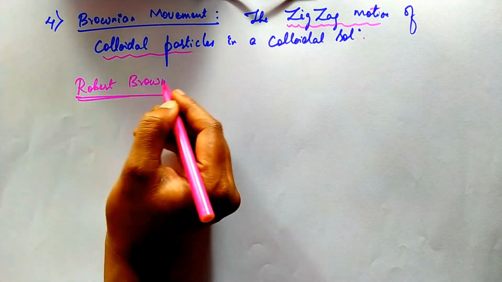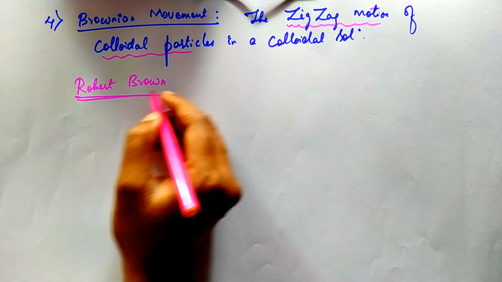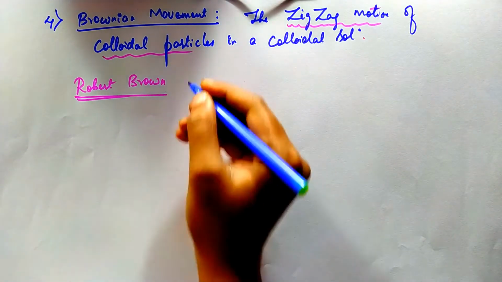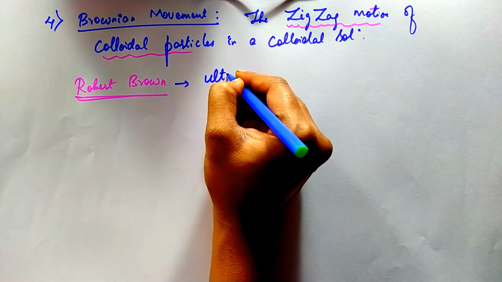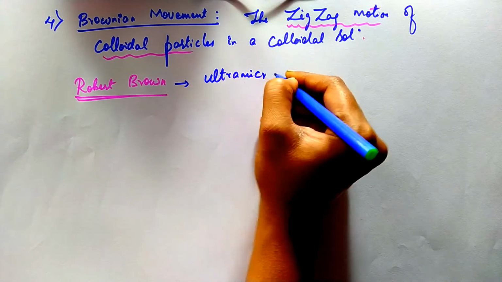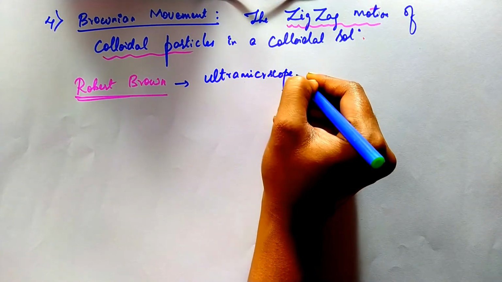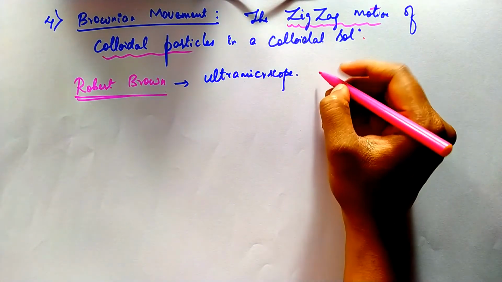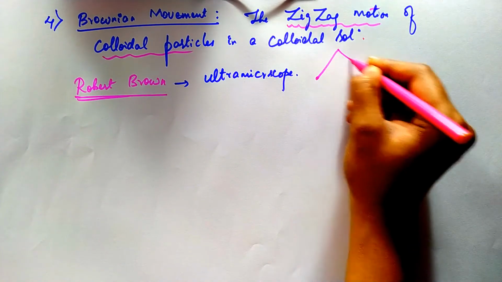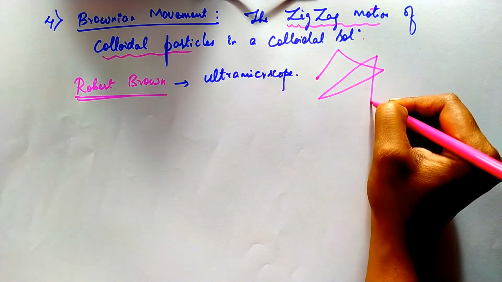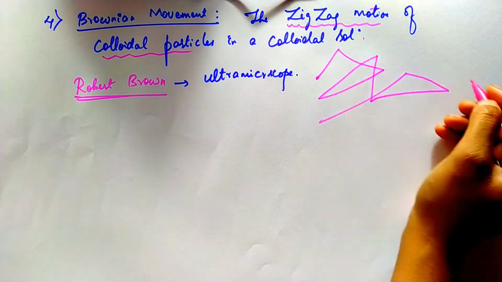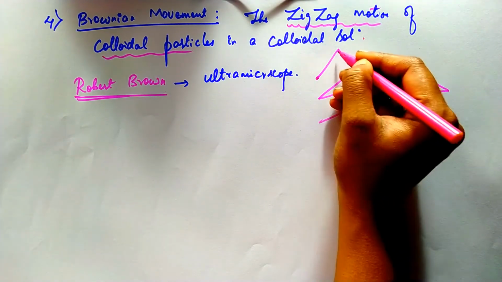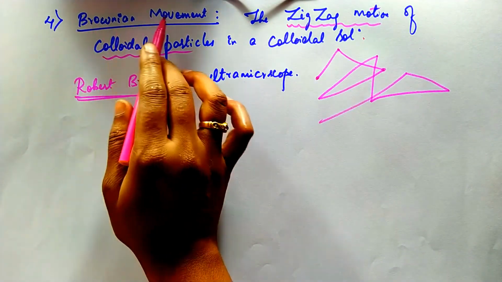He observed this zigzag motion by using the ultra microscope. He observed that the colloidal particles are moving in a zigzag manner, and he gave the name Brownian movement.